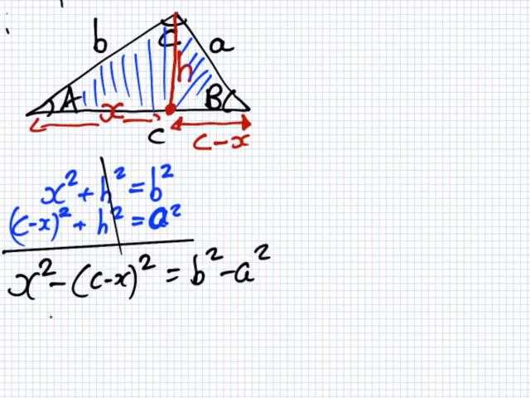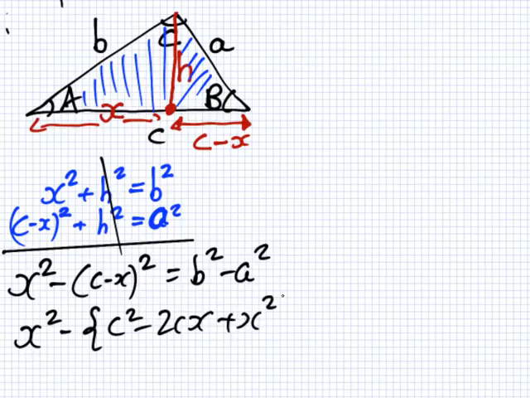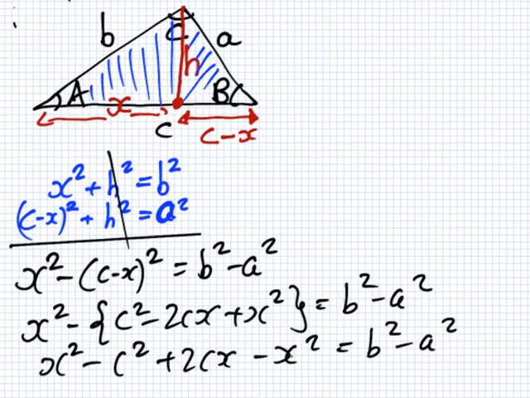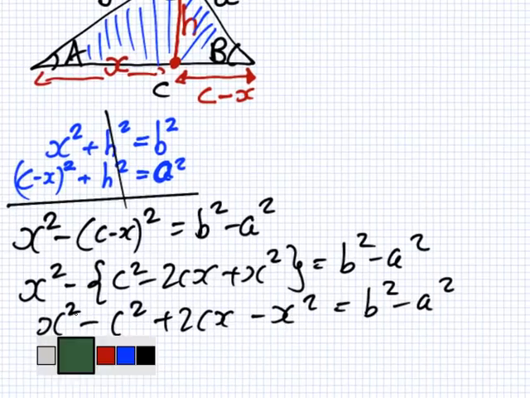Yeah? Let's expand. That's X squared minus C squared minus 2CX plus X squared equals B squared minus A squared. Now that's great because two things cancel here.